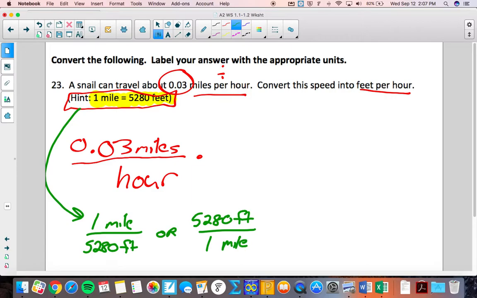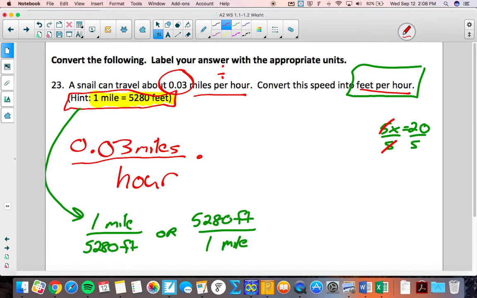But there is a right fraction to use here and a wrong fraction to use. One that I wrote down we're going to use and one we should not use. The key is we want to know feet per hour. So we don't want miles in our answer at all. So we need to cancel out the miles unit. And remember, if we were solving an equation, when you ever take something and you divide it by itself, they cancel out.